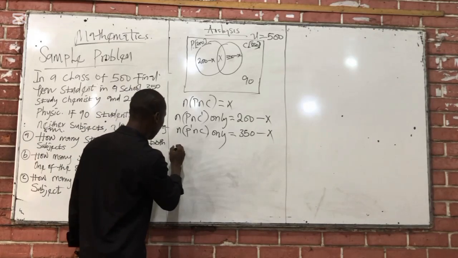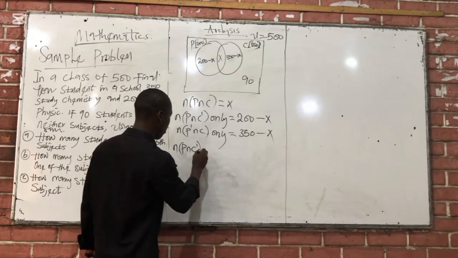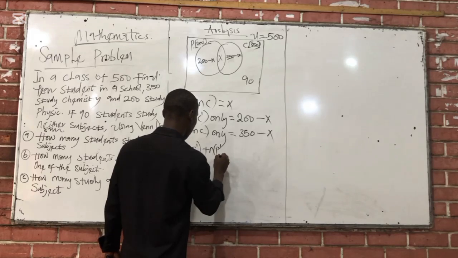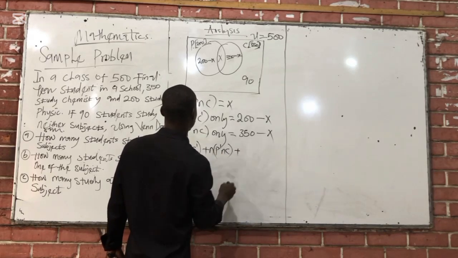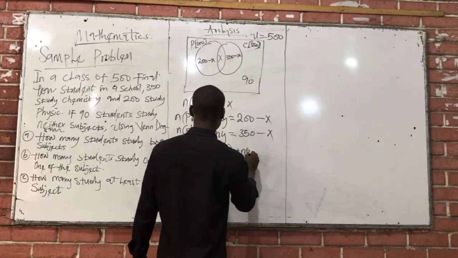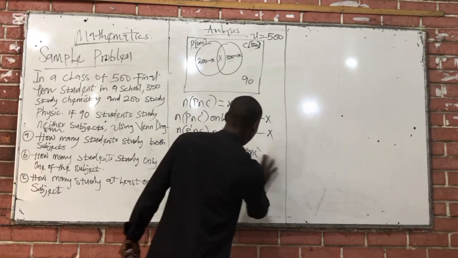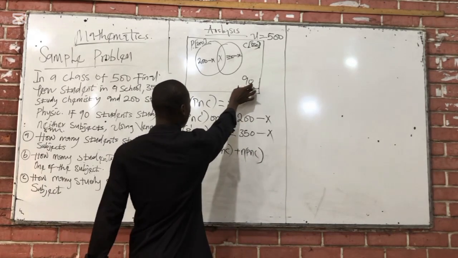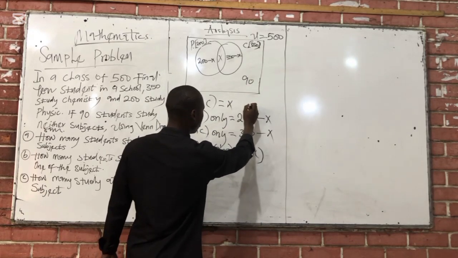So now the number of students that studied physics only, but not chemistry, plus the number of students that studied only chemistry, but not physics, then plus the number of students that studied both courses, then plus, don't forget, if you want to represent this set, this particular one, you can put it in this form.